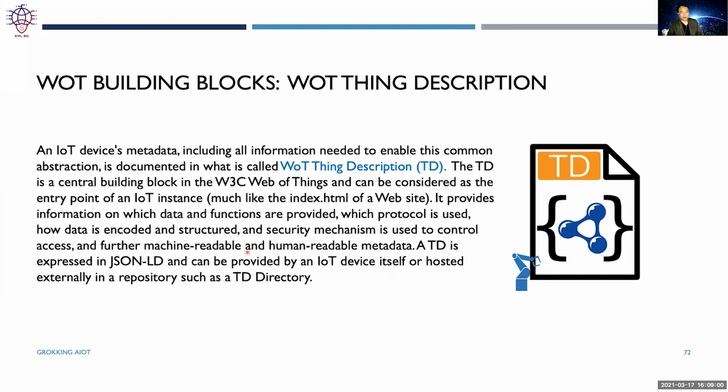As for how the data is actually encoded, the TD is basically JSON-LD, which I mentioned in the earlier video, is linked data. Because in the World Wide Web environment, information may not be stored in one single document. It may actually be a network of linked data that we want to access.